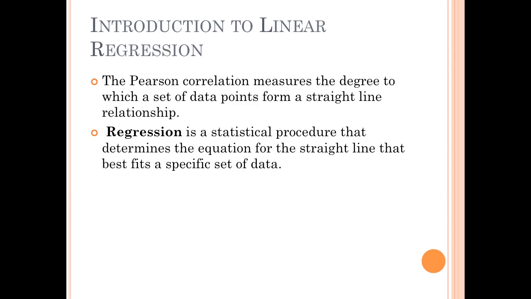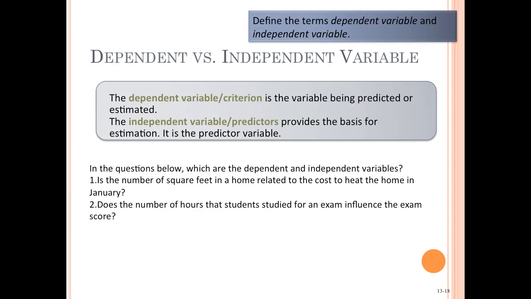Regression determines the equation for that line that best fits that data. So here, your dependent variable is the one being predicted or estimated, and it is predicted by your independent variables, which are also called predictor variables.